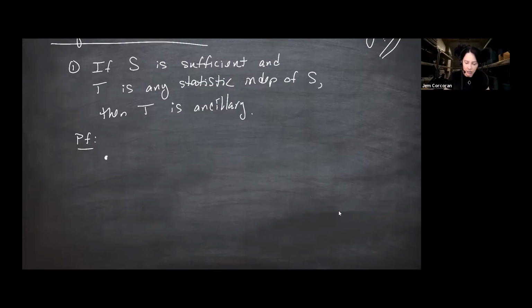So the joint PDF for all of the X's given the sufficient statistic S is theta free, because S is sufficient, and that's how we define sufficient statistics.